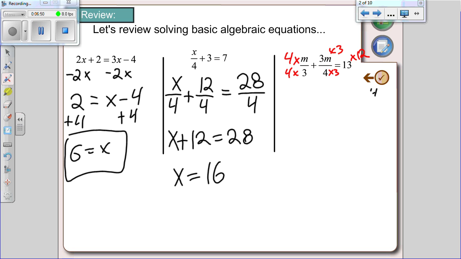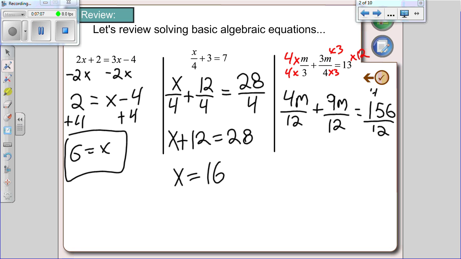Now, every one of these is 4m over 12 plus 9m over 12, and it's equal to 156 over 12. Wait. You have an equal sign. You have all common denominators.